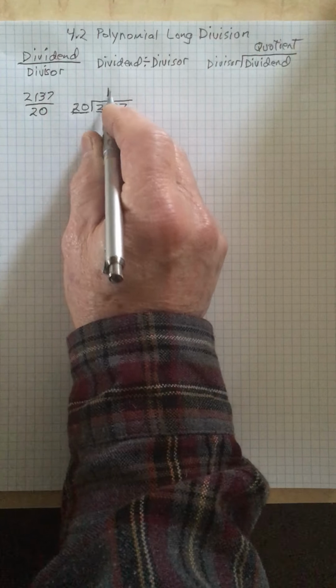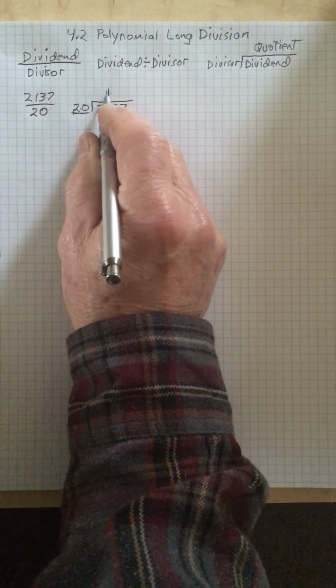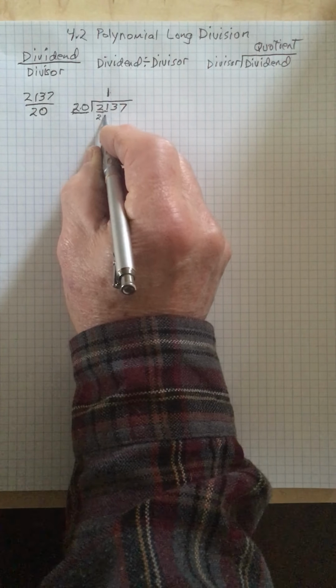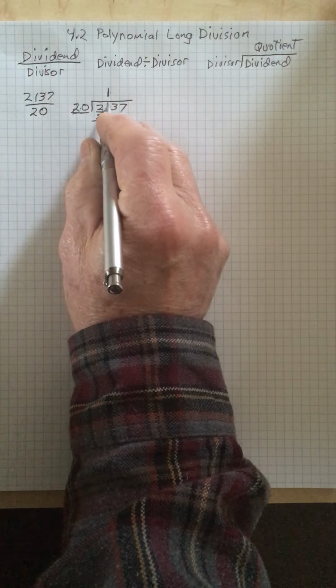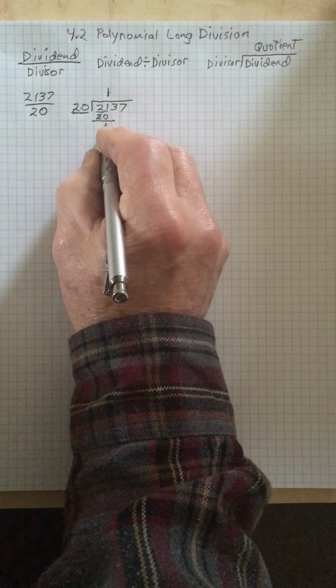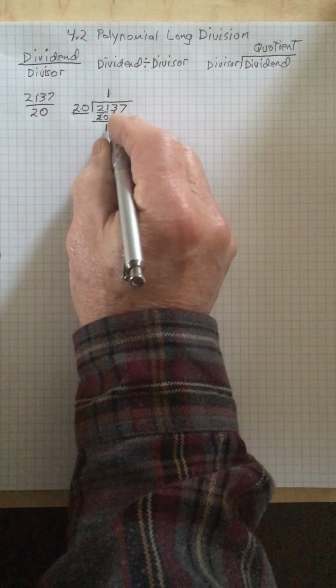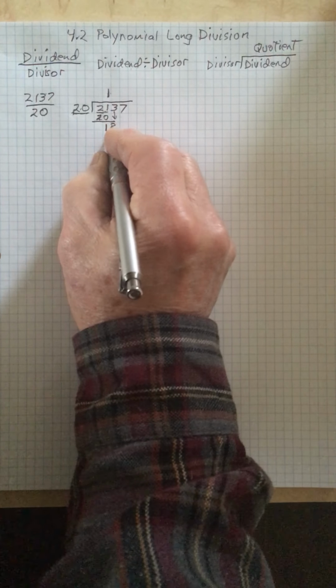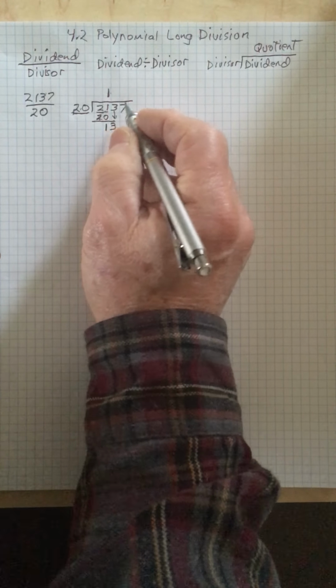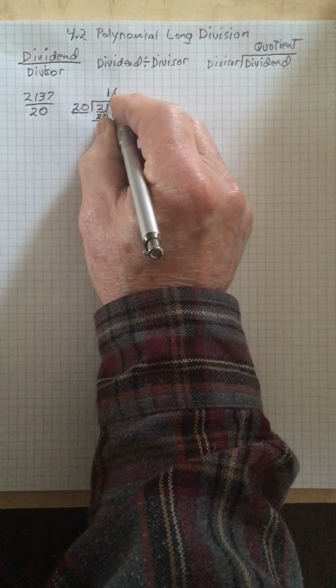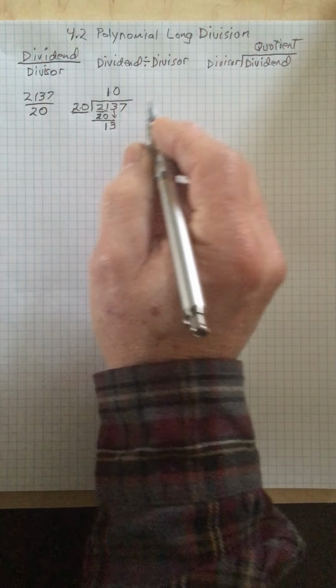So 1 times 20, multiply these together. Okay, then you subtract. 21 minus 20 is 1. Bringing down the next number, 13. 20 times what equals 13? 20 times 0, that's as close as we can get.